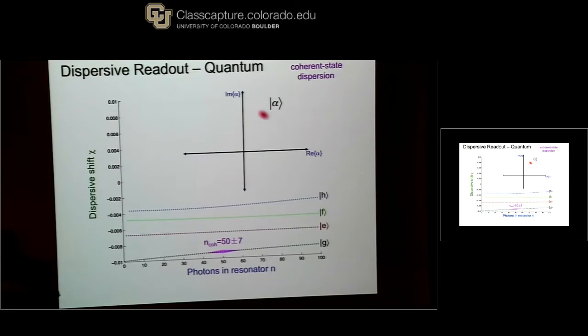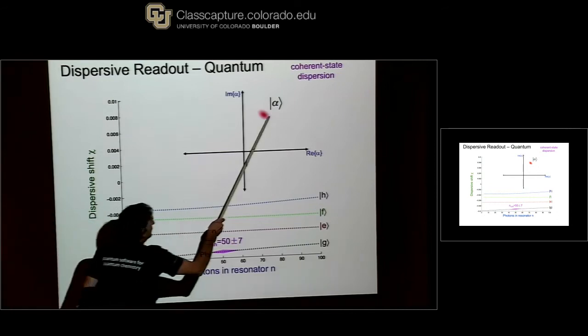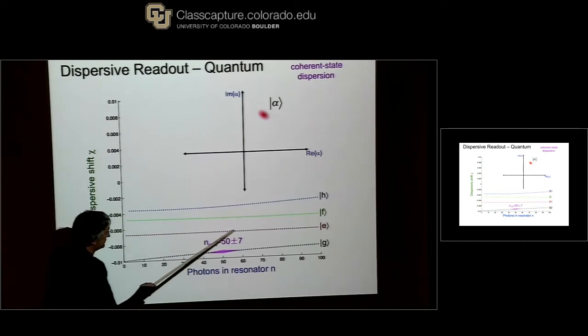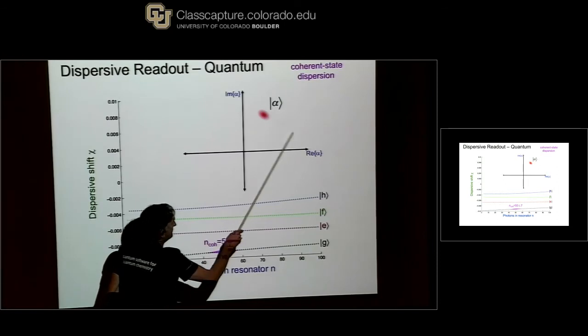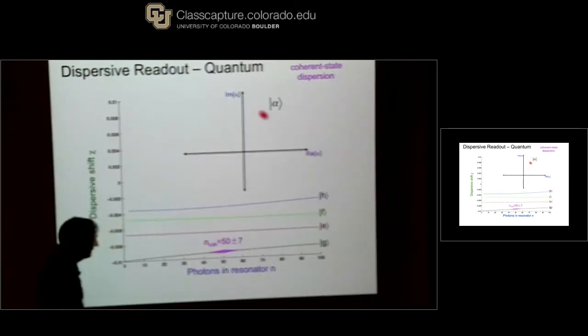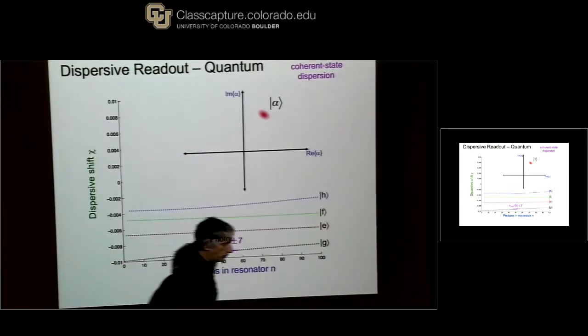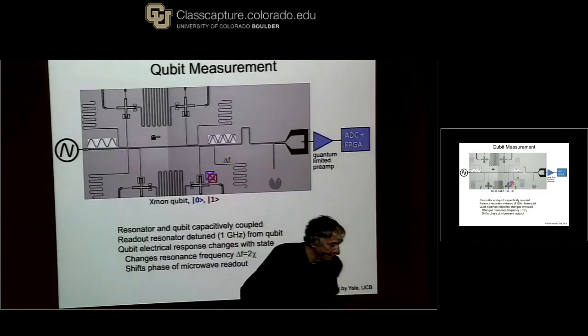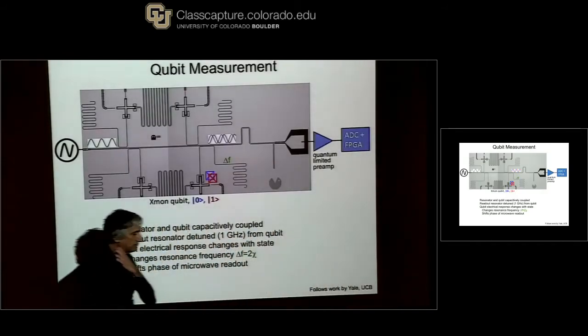It gets squeezed a little bit, and so it's slightly different from a coherent state. But this doesn't really matter too much. And the same thing with the excited state, but here you see the excited state is very flat, so the excited state up here would be pretty much looking like a coherent state.